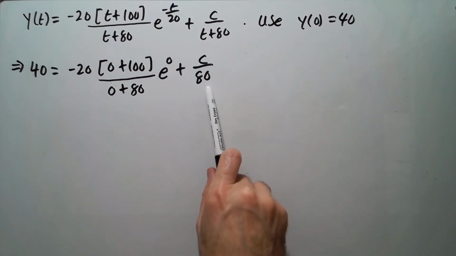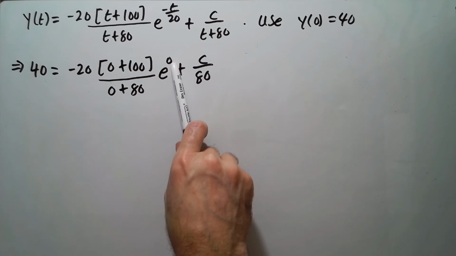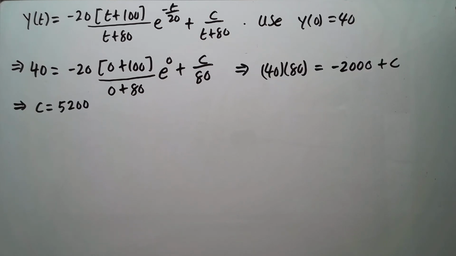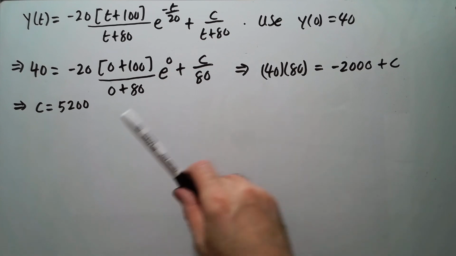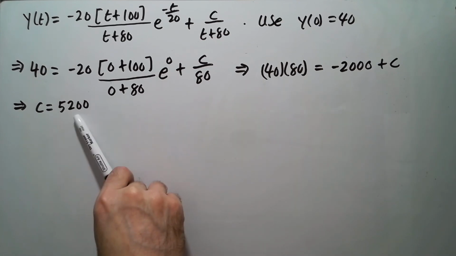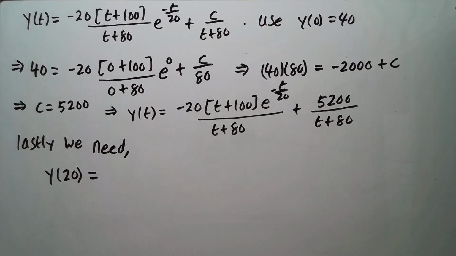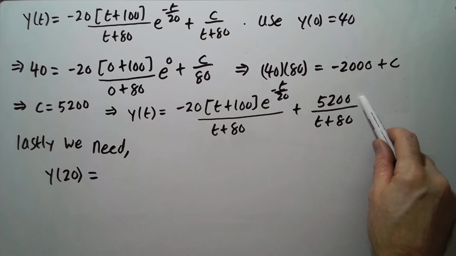So we get this. e^0 is 1. So solving for c, multiply both sides by 80, add 2,000 to both sides, and you'll get c is 5,200. So let's replace that right here now. So there's our y of t, putting 5,200 for c.